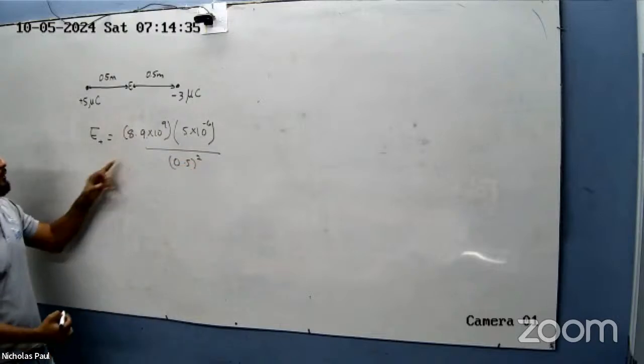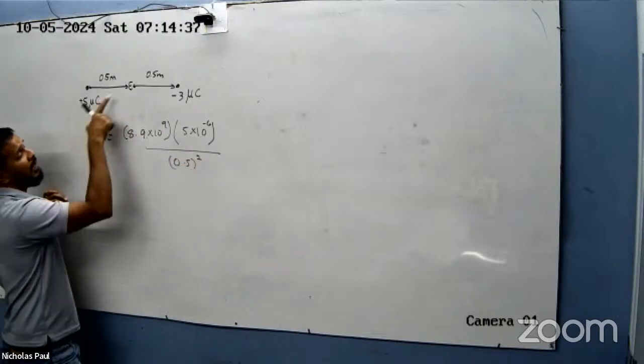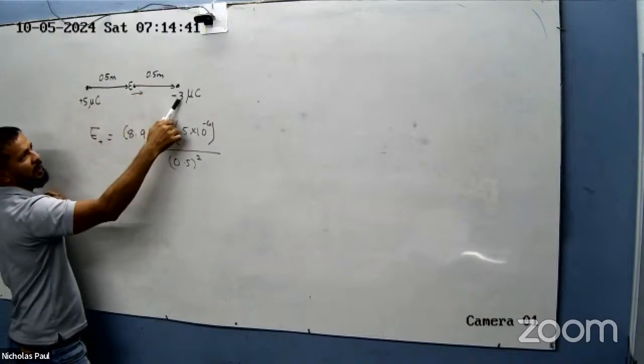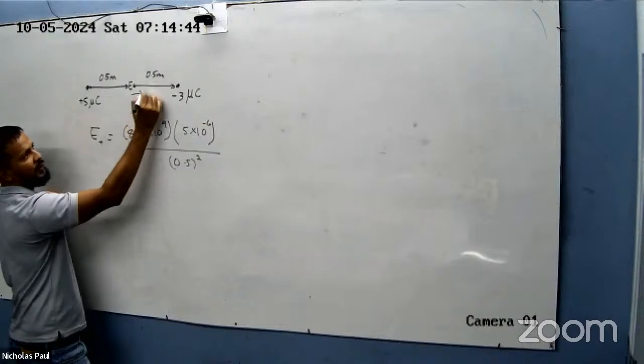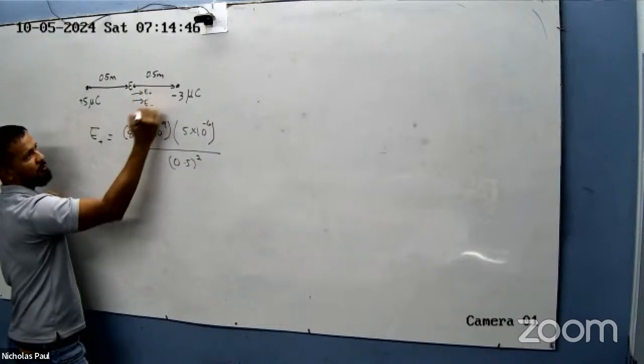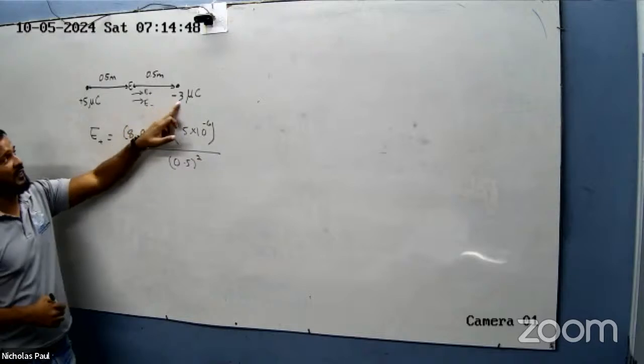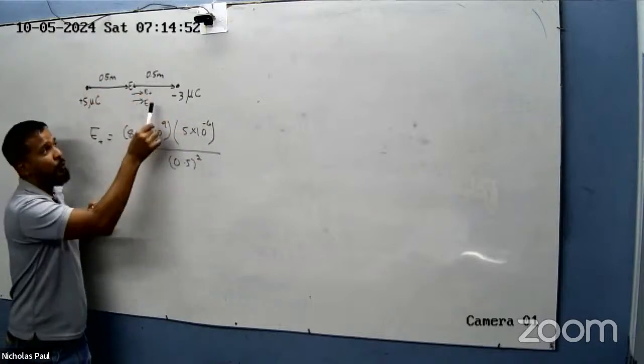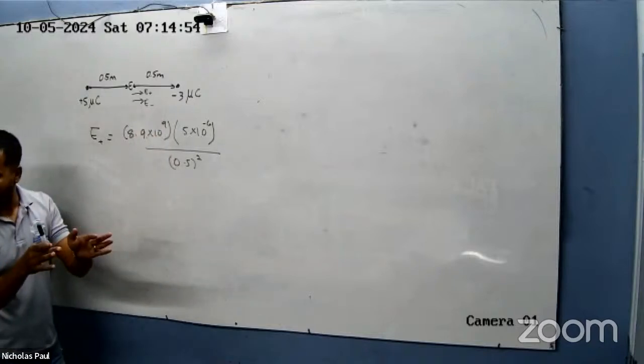This will be E plus, and because this is positive, it will go in that direction. Because this is negative, it will also go in that direction. You're seeing that? It will be repelled here and it will be attracted there. That's okay? So the two electric field strengths are going in the same direction.